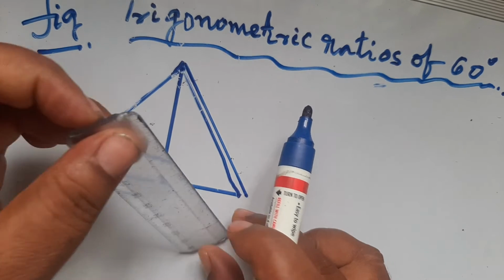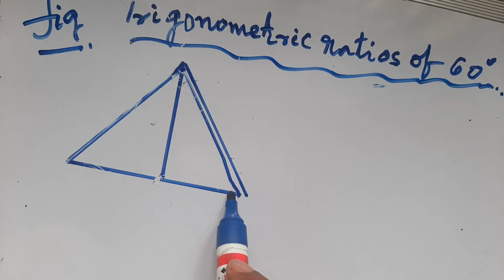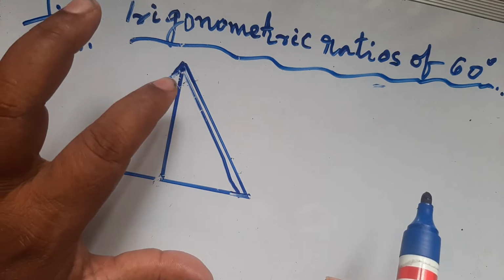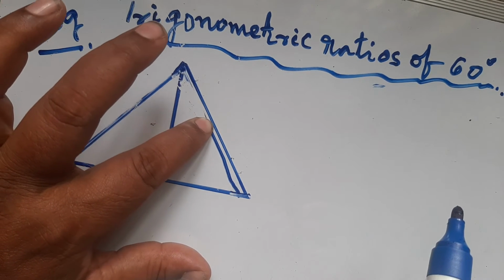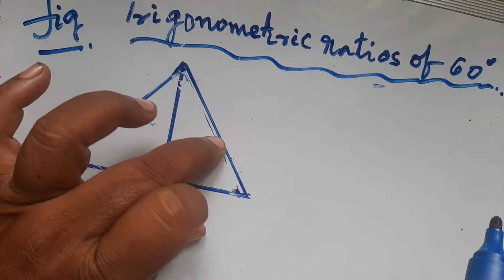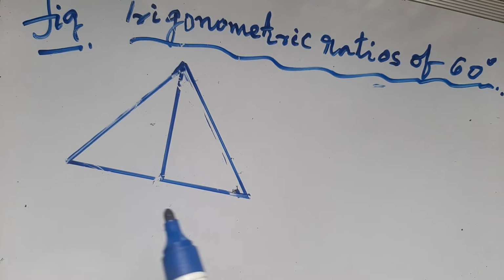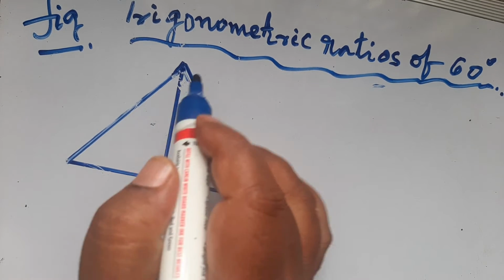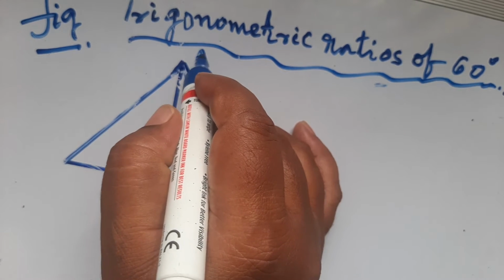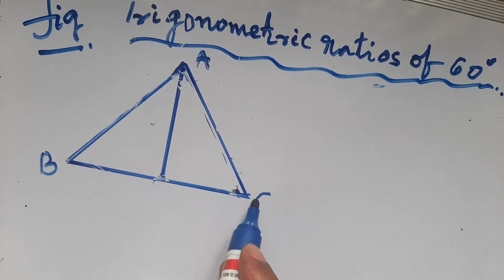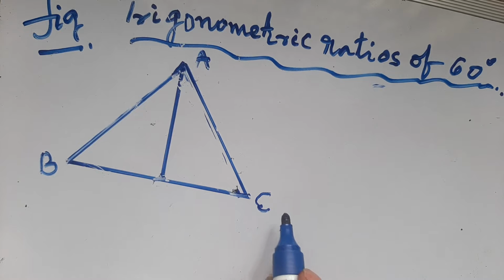You can draw like this. So this is the equilateral triangle. We have to observe this. Now in this I have to take the vertices. This is A and B and C. So ABC is a triangle.